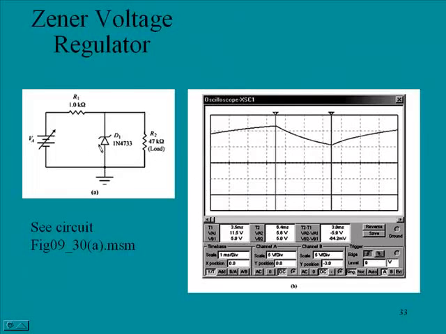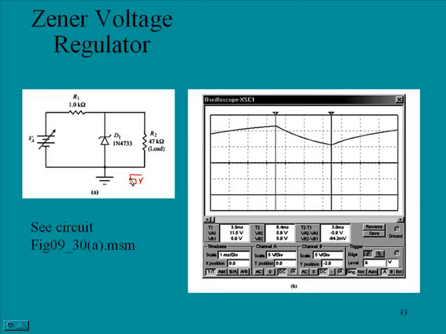Now, this is the circuit that we're going to look at in Electronics Workbench, and what we have is, here's a 1N4733. If you were to look that up, you would find that that is a 5-volt Zener. And so the idea here is that here we have a voltage that's coming in, and this voltage is obviously going to be above 5 volts.